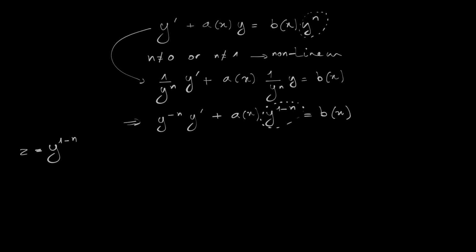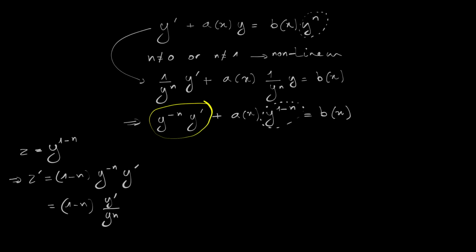Next, we find the derivative of z with respect to x using the power rule. We can write it like this or like this. If you look back at our equation, we can see that the first term, y prime times y power of minus n, is right here.